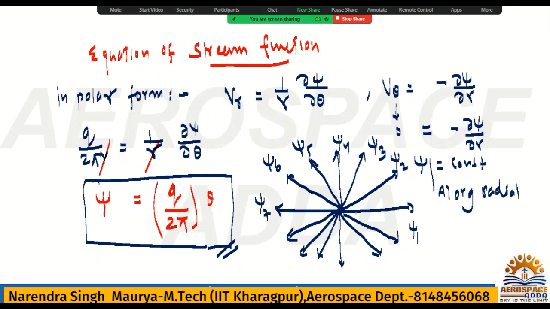I hope you understood this, right? So this is the source. If you are changing the angle, theta 1, theta 2, theta 3, theta 4, psi is directly proportional to theta here, because q upon 2 pi is constant.